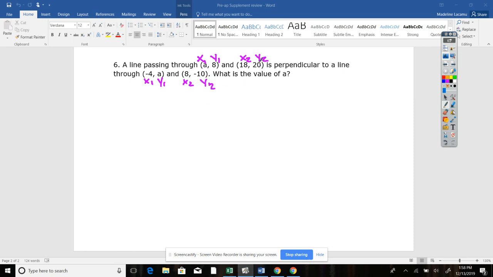So what we're going to do is take this, find the slope, so 20 minus 18 over 8 minus a. I did that wrong. Sorry, that would be 20 minus 8 over 18 minus a. So 20 minus 8 is 12.